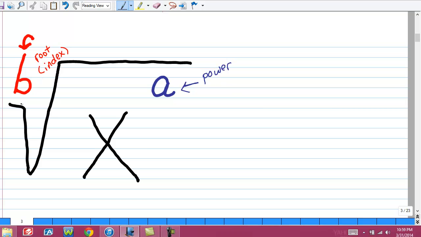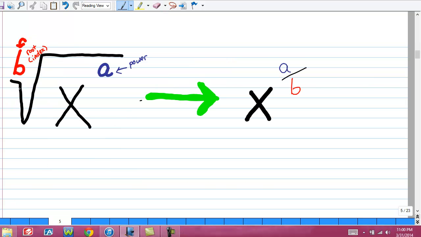The index, as we learned from an earlier lesson, the b, is also called the root. To write the radical expression as a rational exponent, we simply take the base and we raise it to the power divided by the root.